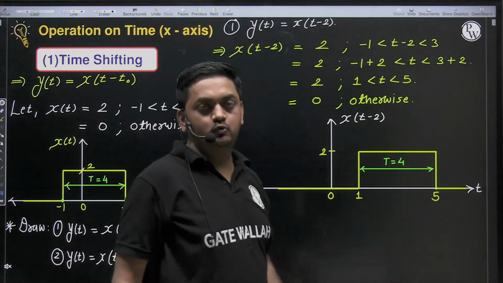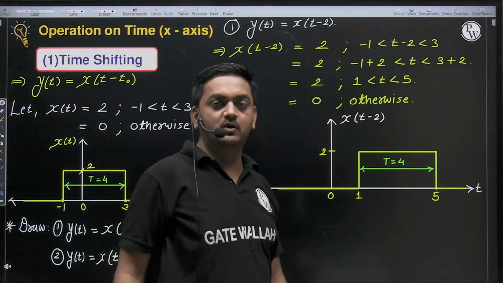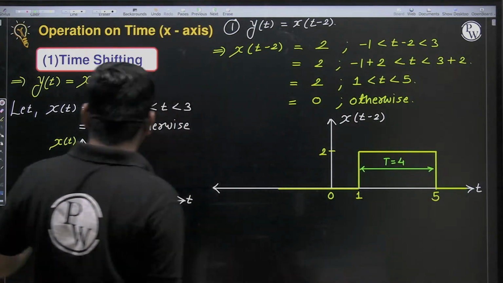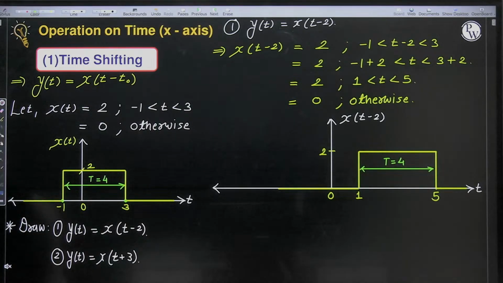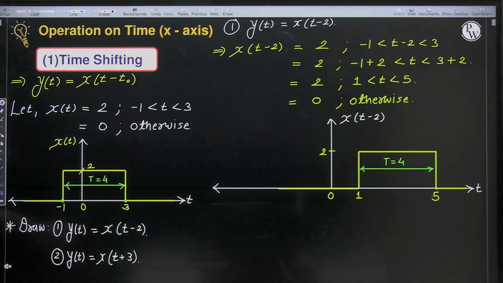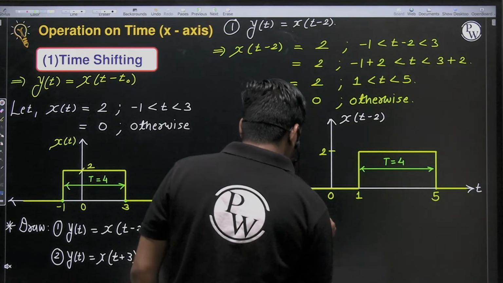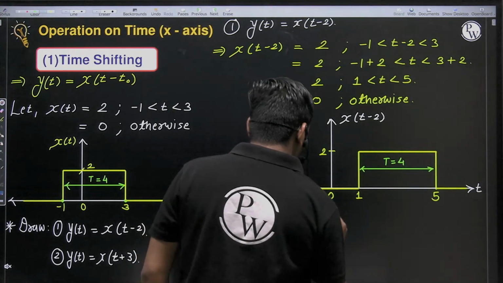So t minus 2, or t minus 3, t minus 4, whatever it is, t minus something means right shifted. Yes or no? This is right shifted. Now tell me, is it advanced or delayed?